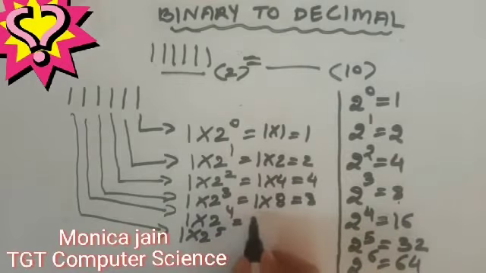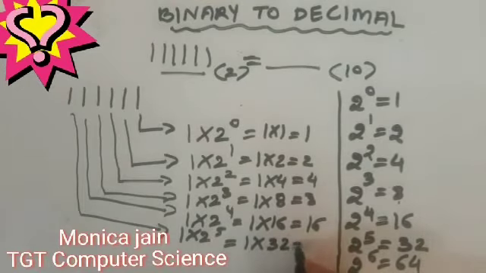Now 2 raised to 4 is 16, so 1 into 16 is 16. Now 2 raised to 5 is equal to 32, so 1 into 32 will be equal to 32. Now we will add all the numbers obtained.